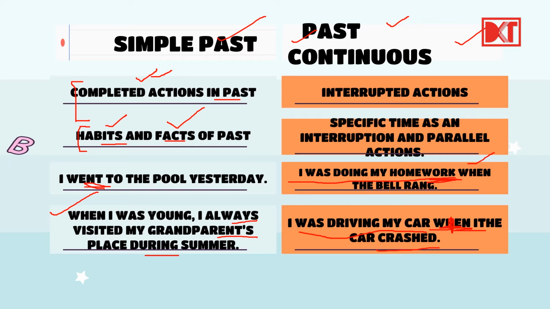Right? So simple past जो है कोई action जो complete हो चुका है, जो habit थी या fact था past का. और past continuous जो continuously action जो past में हो रहा था पर वो interrupt हो गया, कोई specific time as an interruption and parallel actions. Alright, so this is the usage of simple past and past continuous.